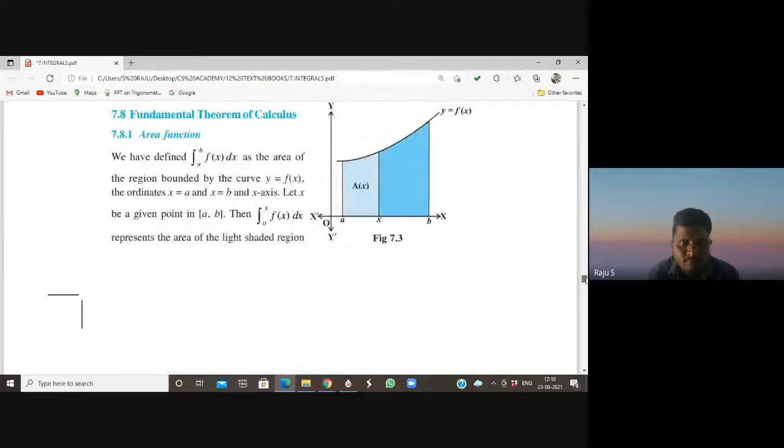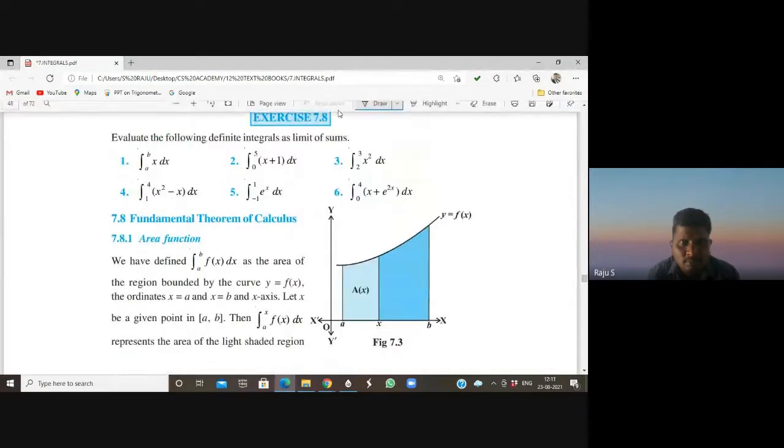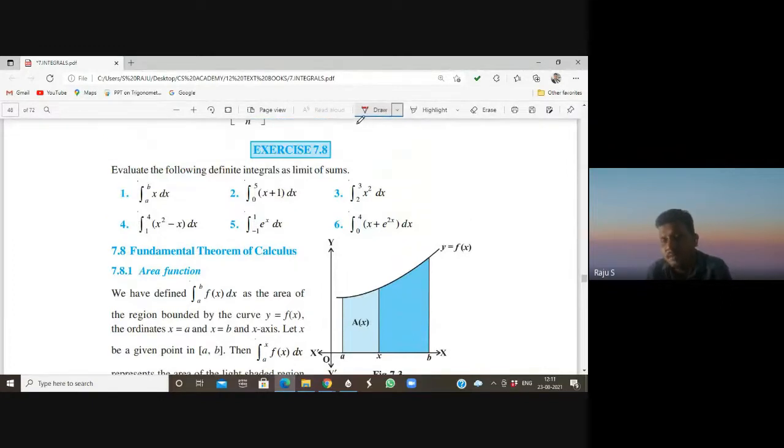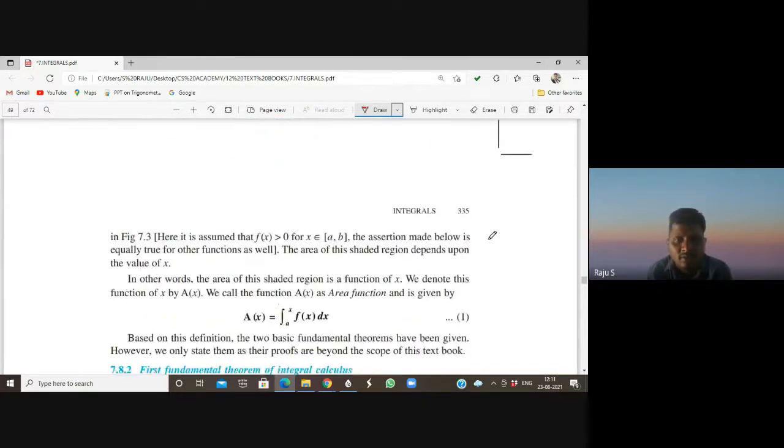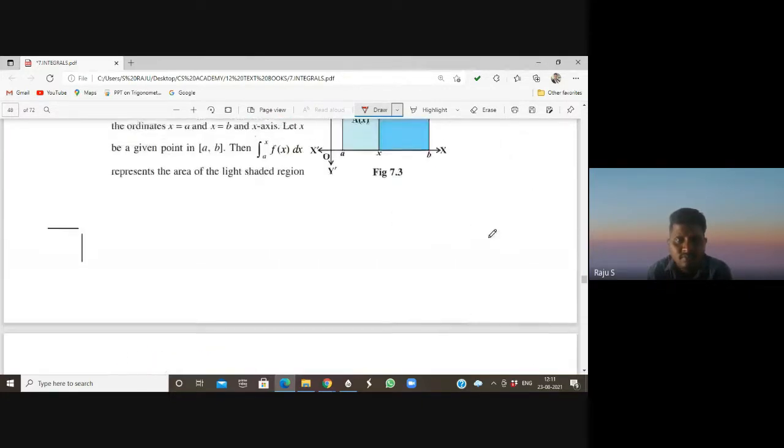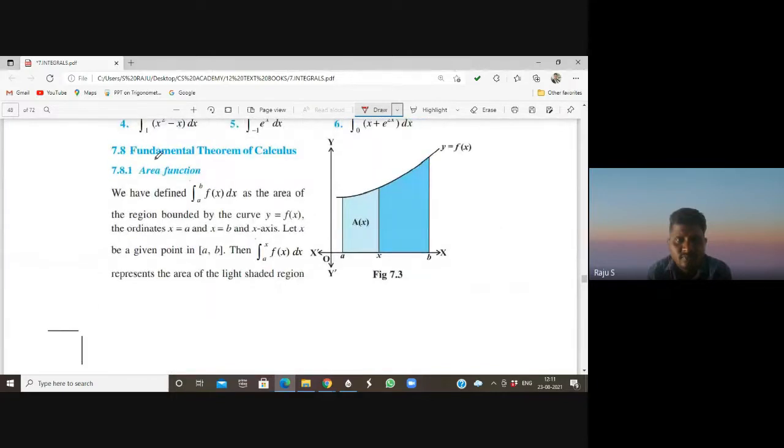See, students, in the revised syllabus, there is no 7.8, it is not in the syllabus. This belongs to limit of a sum. This is important for OBT, but they deleted it in NCERT. Let's go for the next one. After this, the fundamental theorem of calculus.